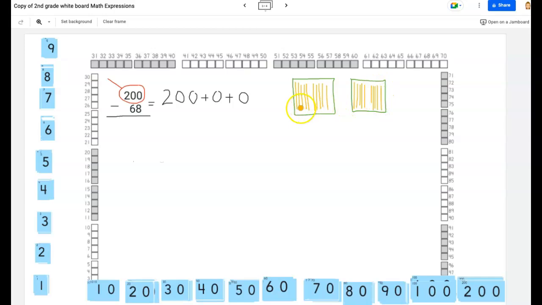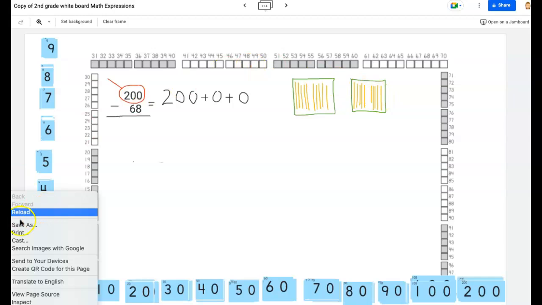And we know 10 plus 10 makes 20 tens. And if we have 10 tens, that makes 100. So we actually have 20 tens. And those 20 tens add up to 200.